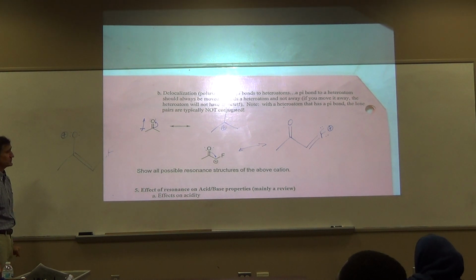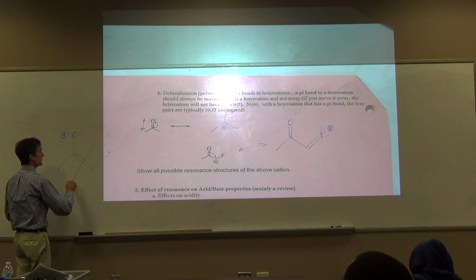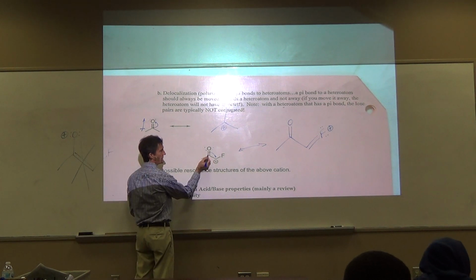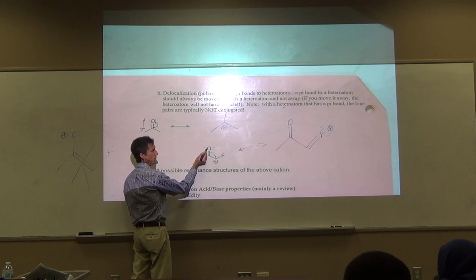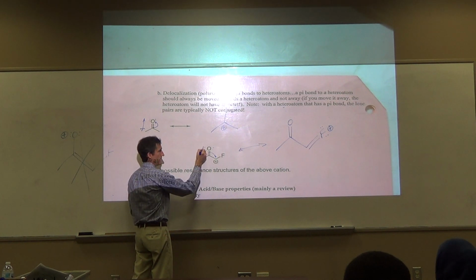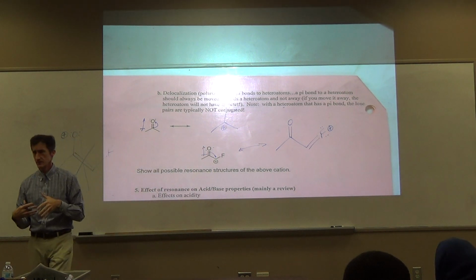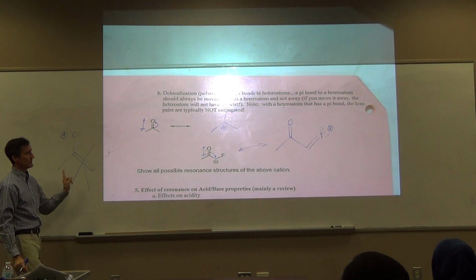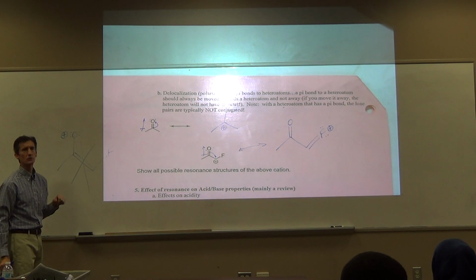So while this is officially a resonance structure, it is very bad, and we don't want to show this. Because, think about polarity. Which way is the pi bond really moving here? Isn't it going towards oxygen? That's inherent electronegativity.